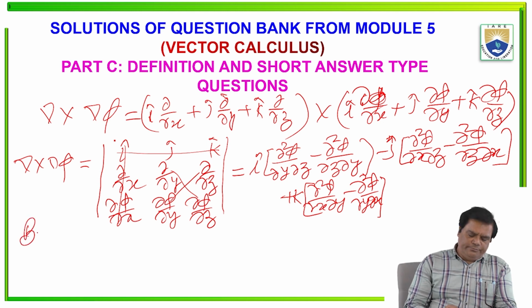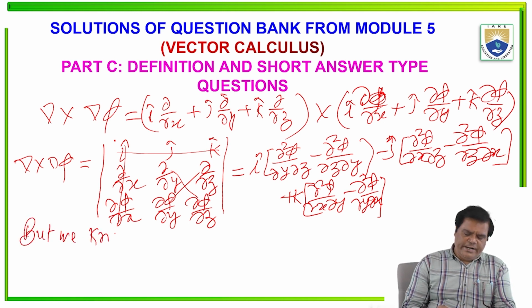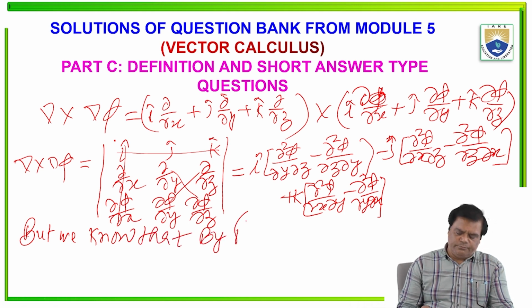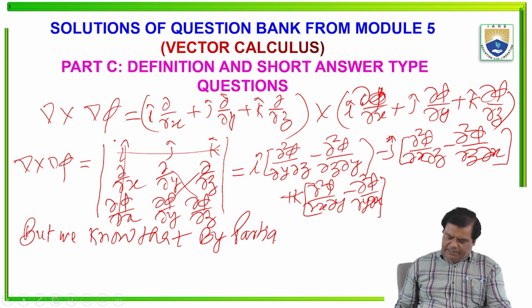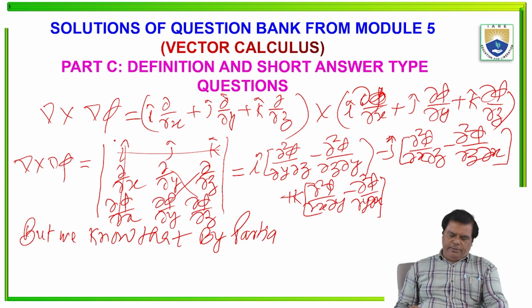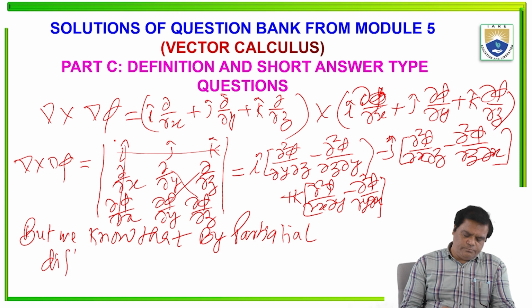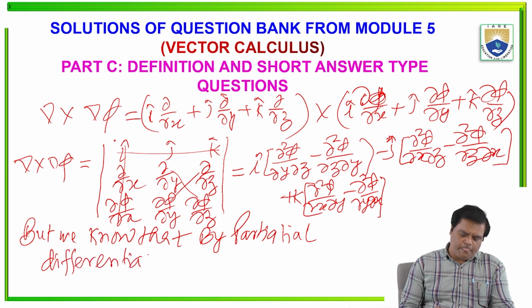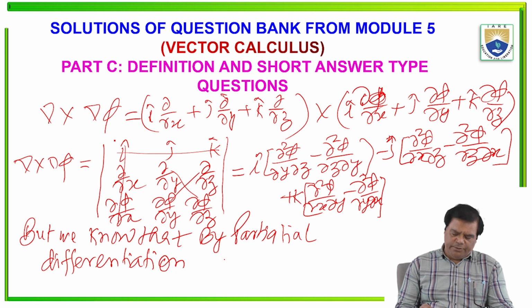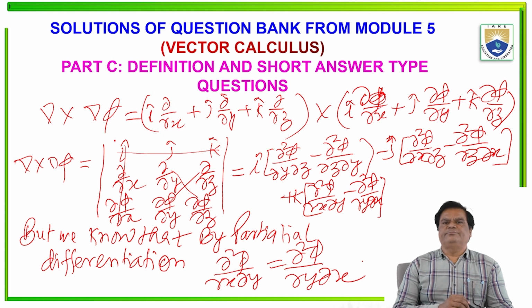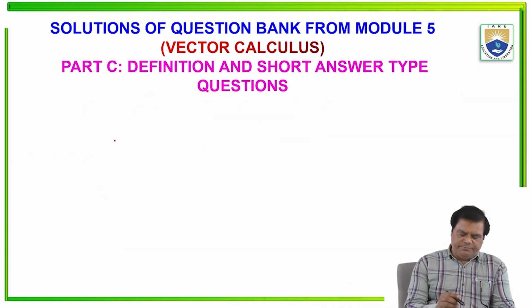What we know is that by partial differentiation, ∂²phi/∂x∂y equals ∂²phi/∂y∂x.